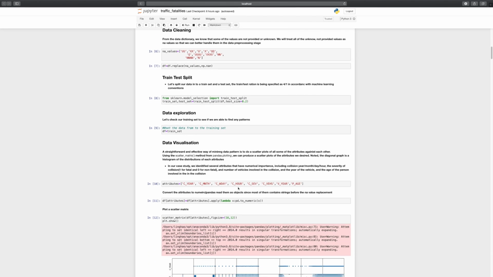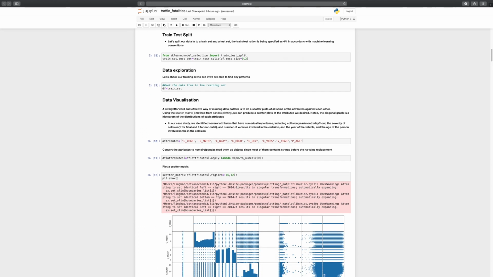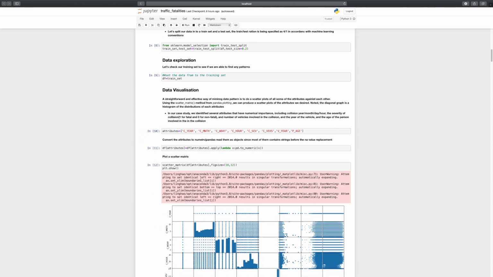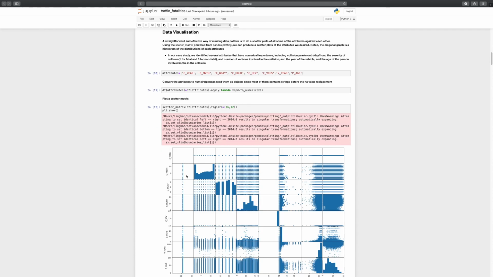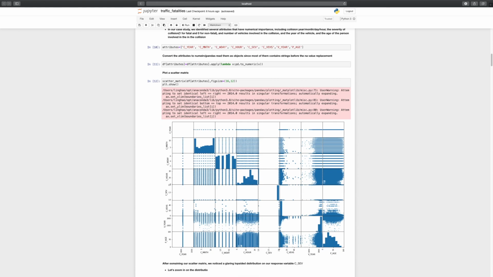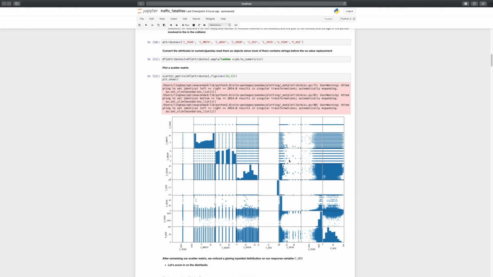What I did was basically to plot a scatter matrix. So what is a scatter matrix? It allows us to specify the attributes that we are interested in and plots all the attributes against each other, while also plotting each attribute's distribution as a histogram on its diagonal. As a result, if there's any interesting pattern, we can find it immediately.